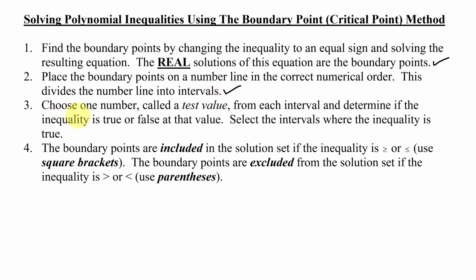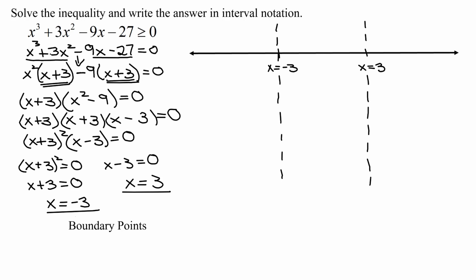Step 3 says choose one number called a test value from each interval and determine if the inequality is true or false at that value. Select the intervals where the inequality is true. So I'm going to need test values in each region.